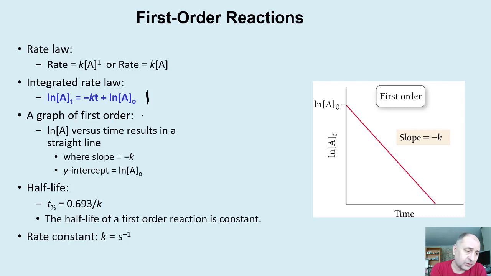And we're also going to look at something called the half-life. You'll be provided with that. For a first order reaction, it turns out that that's a constant, which means that the time it takes to cut your sample in half is independent of the concentration. And so that makes it actually very convenient to calculate, whereas for second order, it's not equal to a constant.